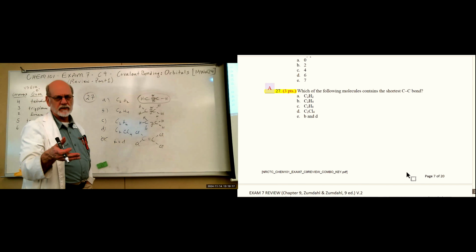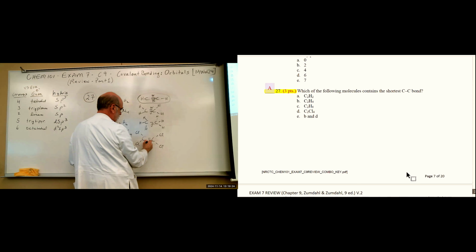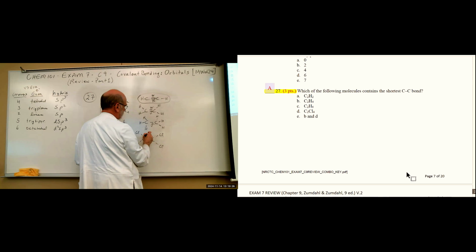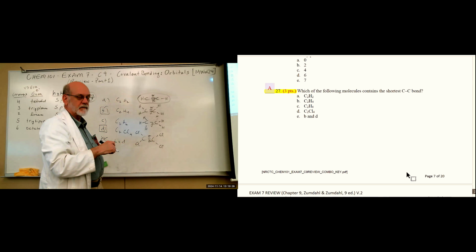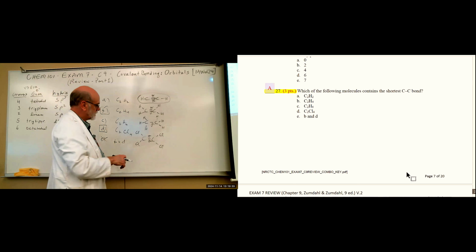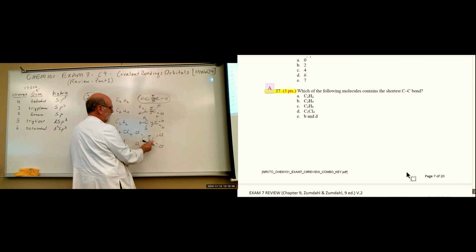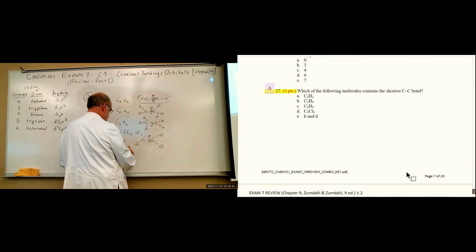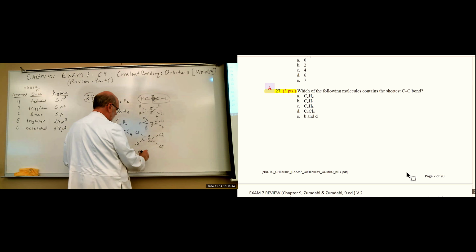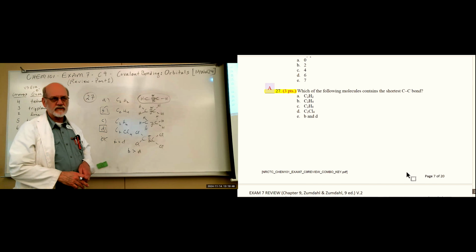A is the answer to the problem. But if we compare B and D, it looks like they have the same. They have a sigma and a pi. The problem is chlorine is very electronegative, more electronegative than hydrogen. So it's going to draw electron density away from that bond and weaken the bond. So B is stronger than D. Okay, in case anybody wonders or asks you.